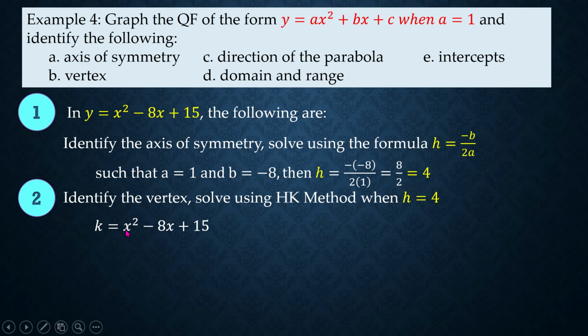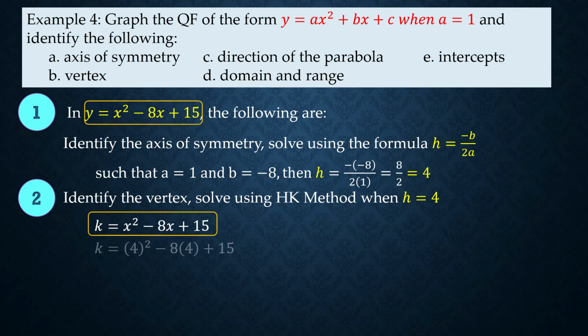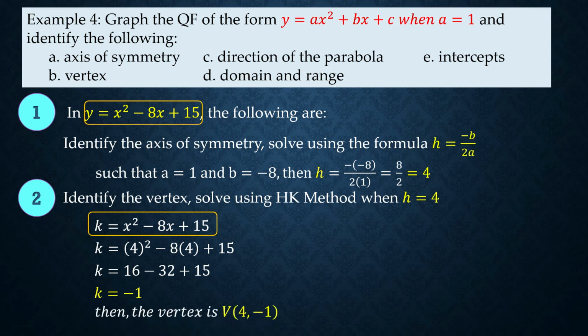So k is equal to 4 squared minus 8 times 4 plus 15. Next, 4 squared is 16, 8 times 4 is 32, so 16 minus 32 plus 15. When you subtract, then add the three numbers, the result is negative 1. You can check using your calculator. Then the vertex is (4, negative 1). So h is 4 while k is negative 1.